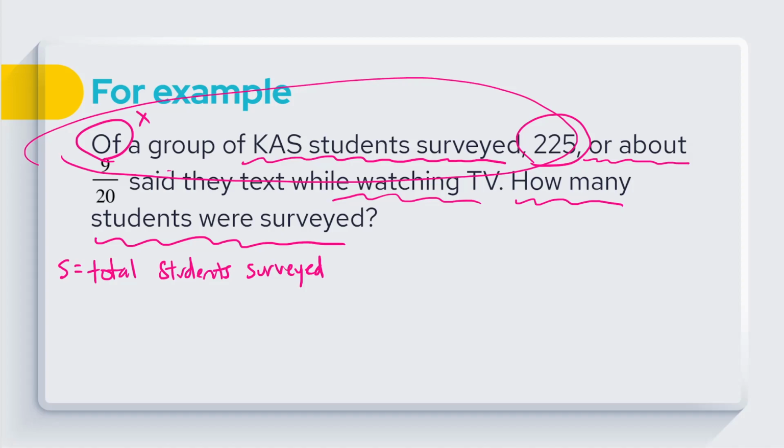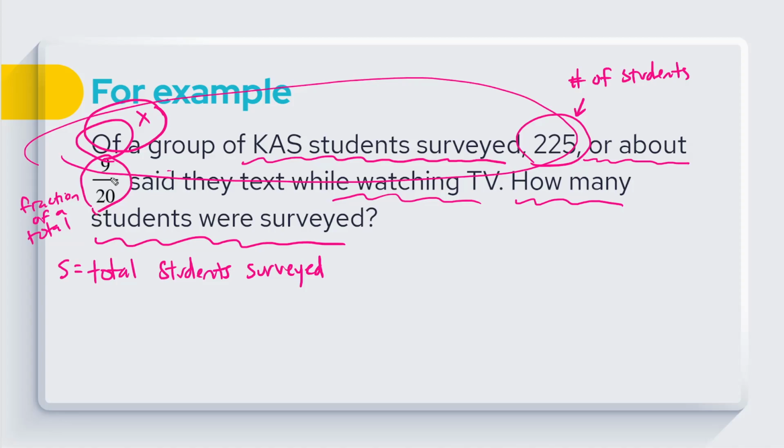The last little thing we need to figure out is, what are we multiplying here? So here we have a number of students. And here we have a fraction of a total.